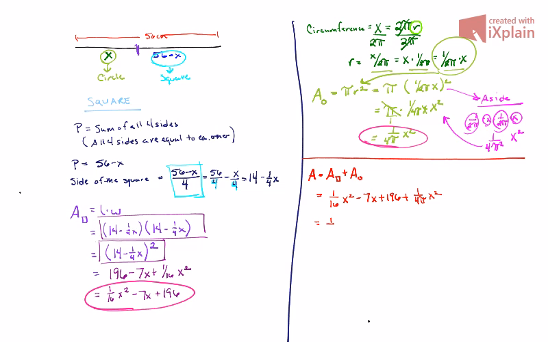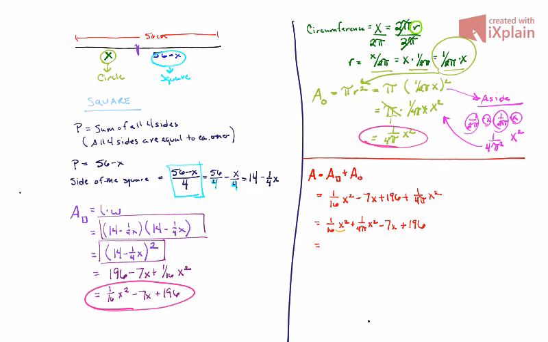So I'm going to group my 1/16 x squared plus my 1/4 pi x squared minus 7x plus 196. What I want you to note, and it's something that easily slips our minds because we're so used to working with more and more complex things, we almost forget to use our tried and true tools that we pick up along the way in algebra.